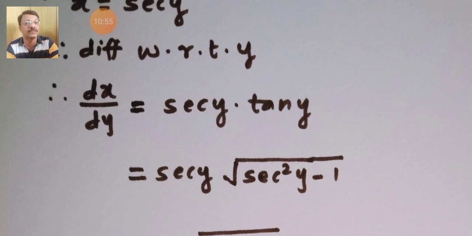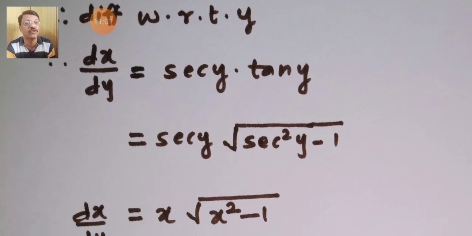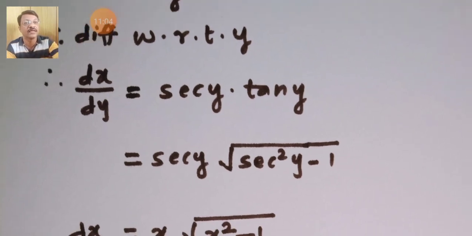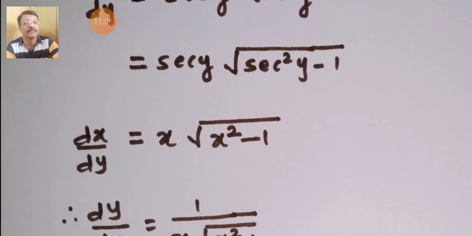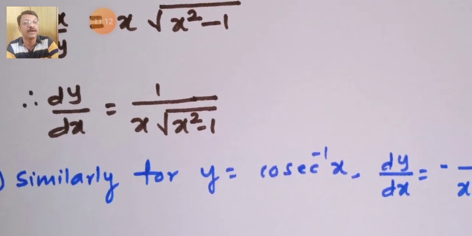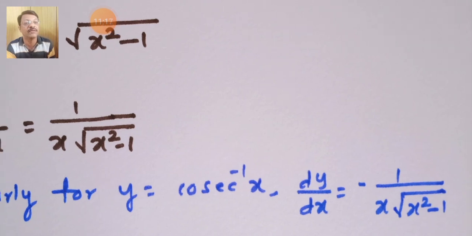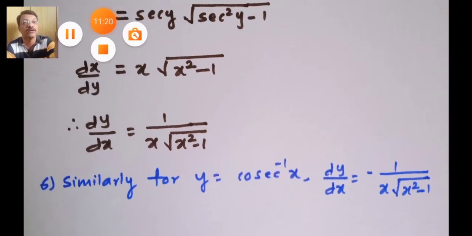Now this expression sec y into root of sec square y minus 1 is easily written as x into root of x square minus 1 because x is sec y. So then dy by dx is 1 upon x root of x square minus 1. And then similarly you can find the derivative of cosec inverse x, which is just a sign difference there. Dy by dx is minus 1 upon x root of x square minus 1. You can do it at home.